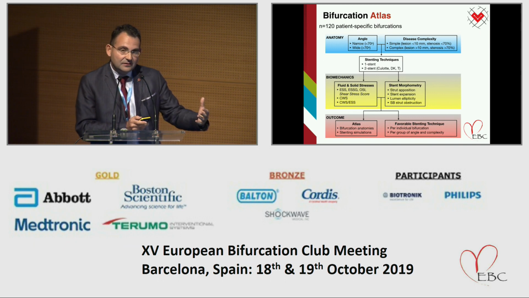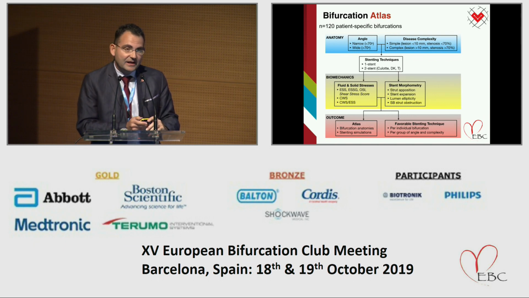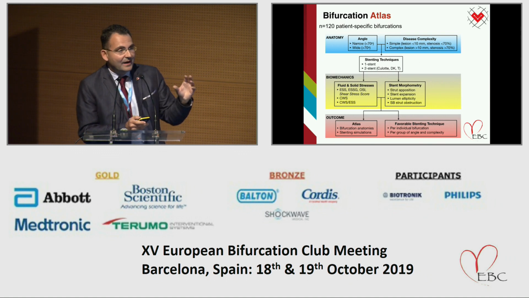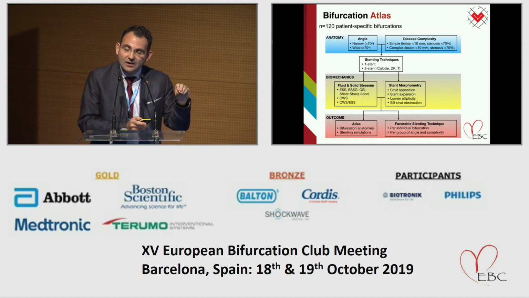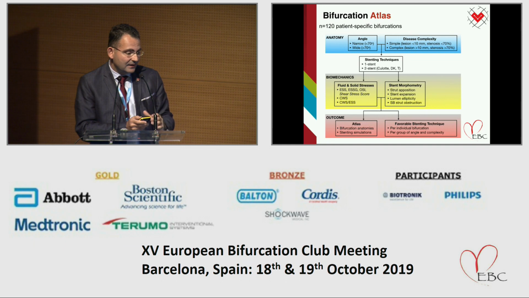So the bottom line here is that we envision subgrouping the bifurcations based on bifurcation angle and disease complexity to find groups of bifurcations which are treated best with specific stenting techniques. And this is probably going to inform clinicians in terms of how we can treat individual bifurcations in the cath lab.